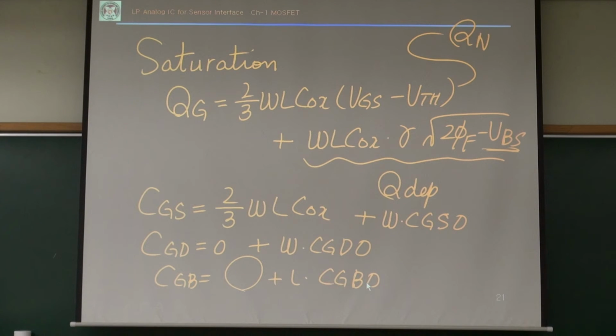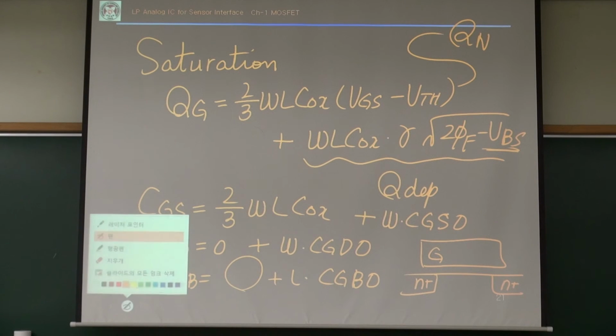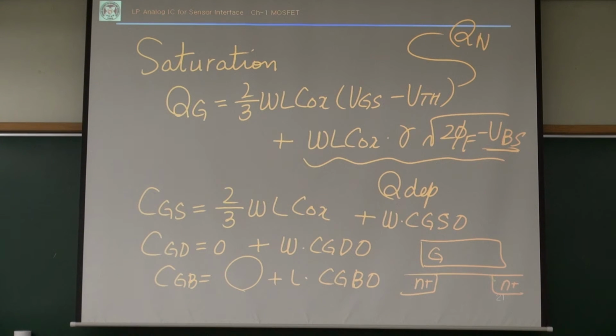Okay. Yeah, that overlap component is generated because this gate overlaps with the source drain, right? So this part generates CGDO. This part will generate CGSO. Okay.